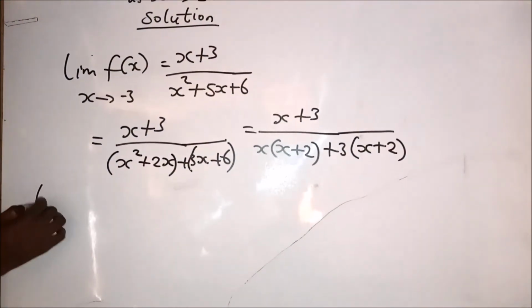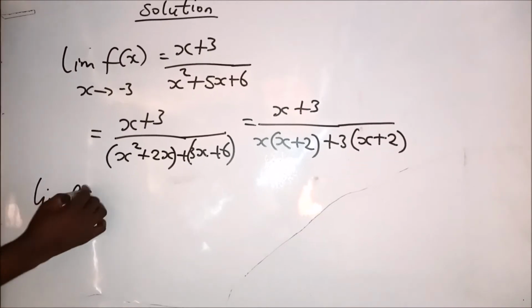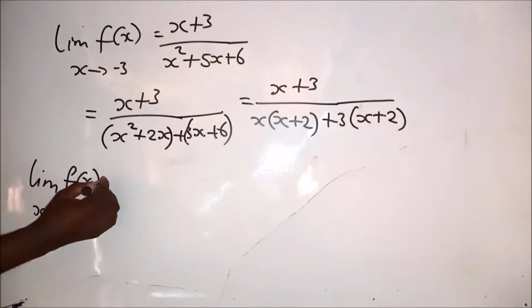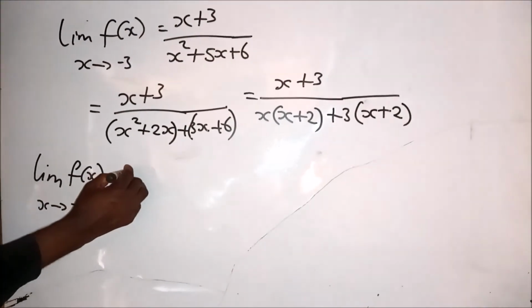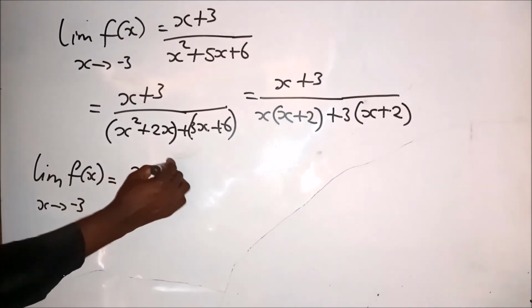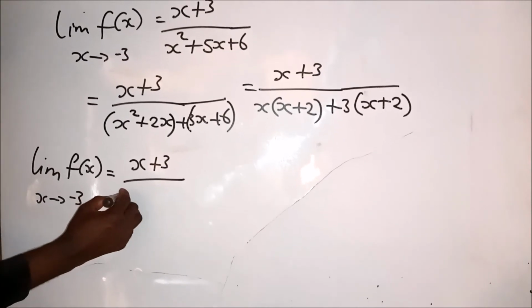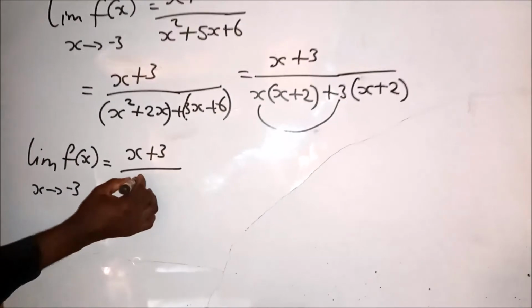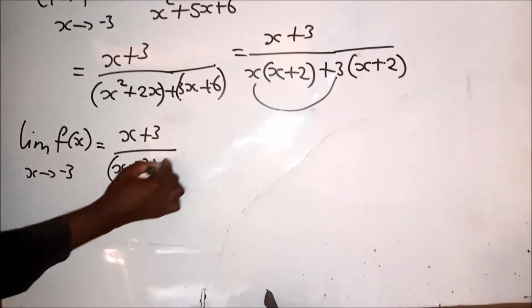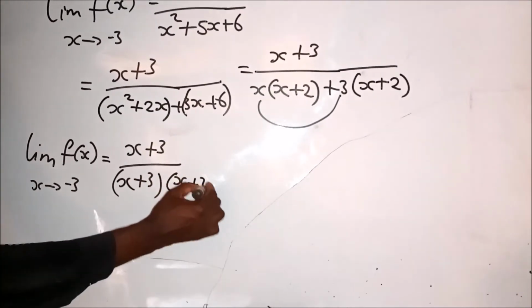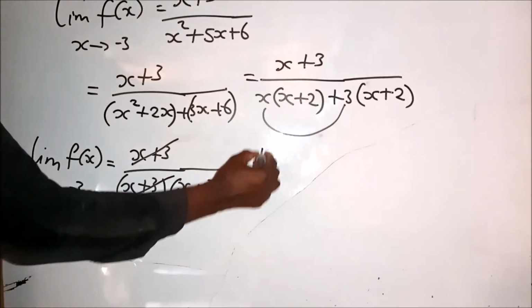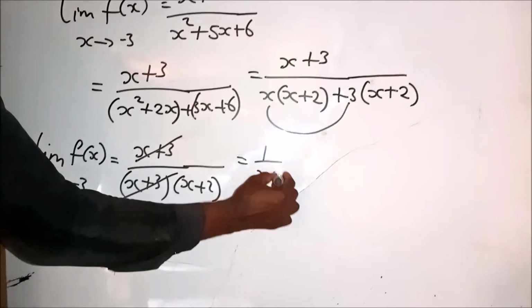So the limit of f of x as x approaches minus 3 is now going to give us x plus 3 over x plus 3 and x plus 2. So this x plus 3 can cancel this to give us 1 over x plus 2.